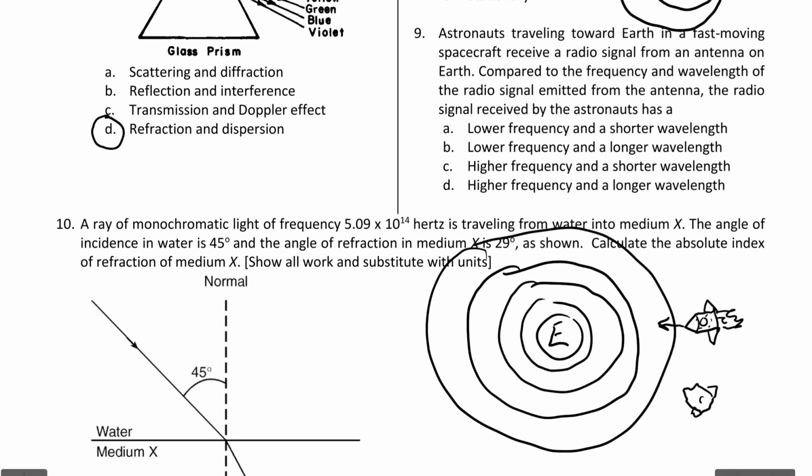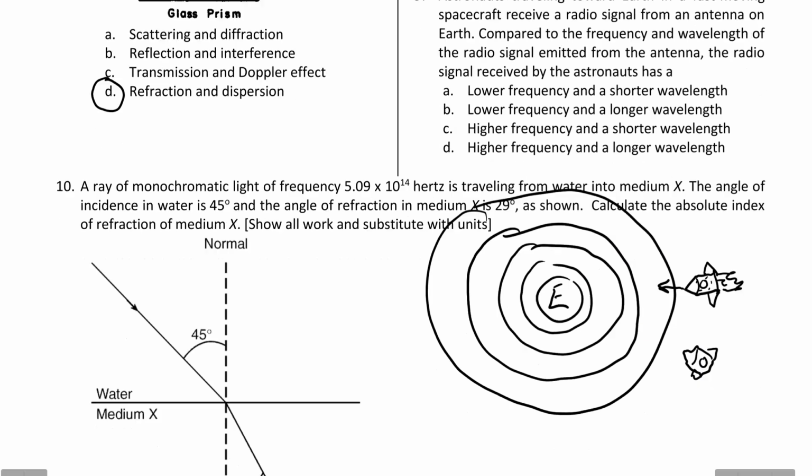They're just hanging out. Which will hit more waves per second? This one's just passive. These waves are passing by it. But this one's moving towards the source. This one will hit more waves per second. And more waves every second means there's a higher frequency. The waves go by you more frequently.